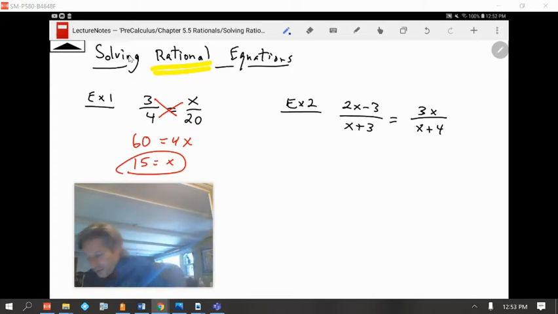If you cross multiply, right, what is 2x minus 3 times x plus 4? That would mean (2x minus 3)(x plus 4) equals 3x times (x plus 3).